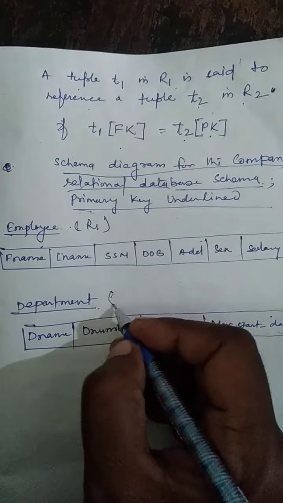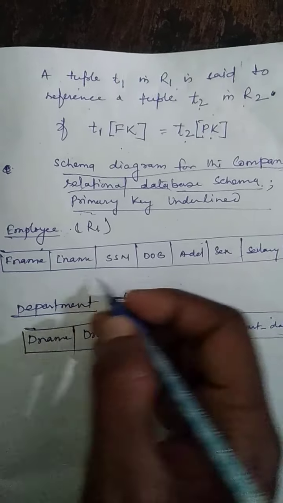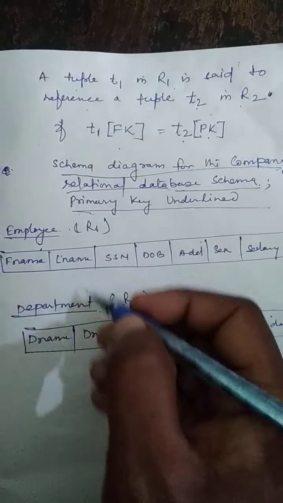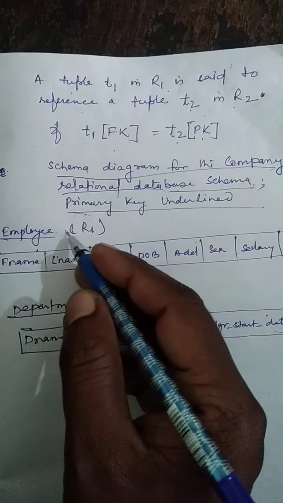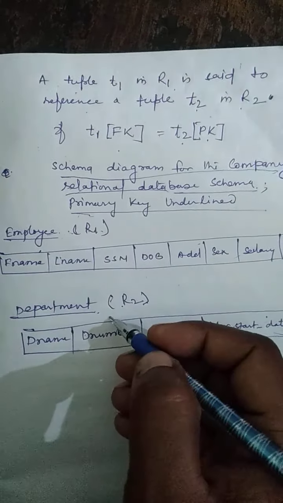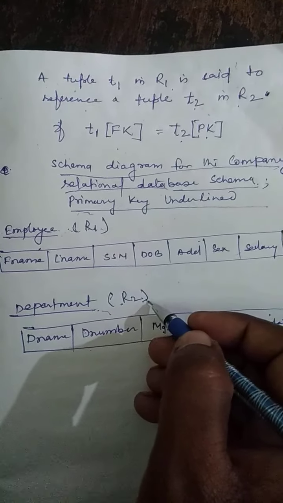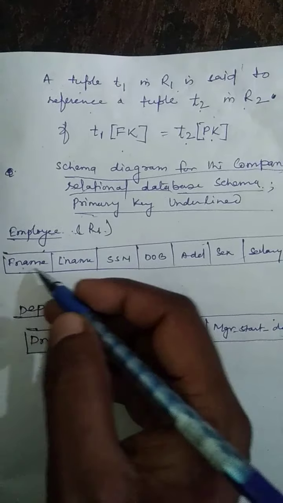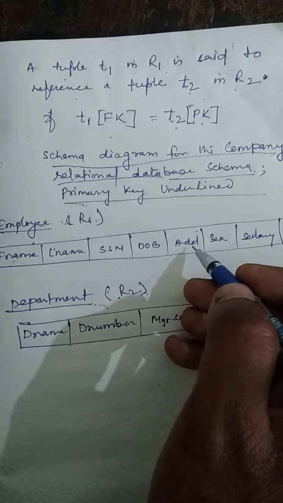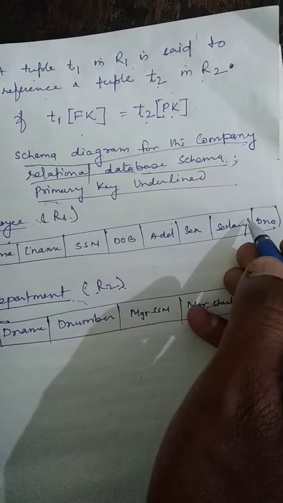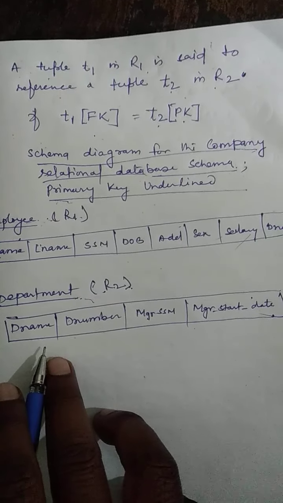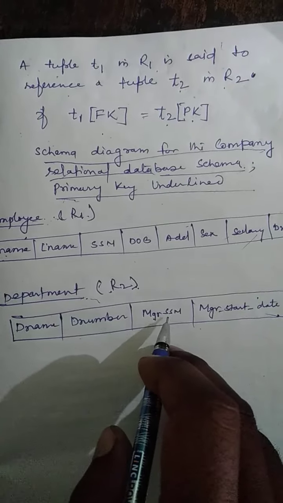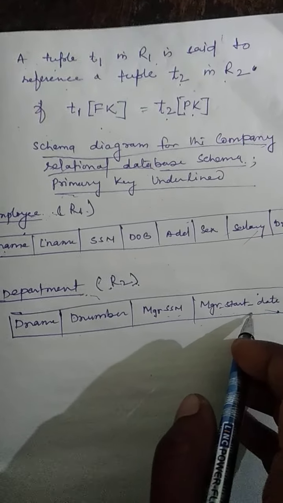Employee is relation R1 and department is relation R2, both relations or entities. Employee has attributes first name, last name, SSN, date of birth, address, sex, salary, and department number. Department has attributes D name, D number, manager SSN, and manager start date.